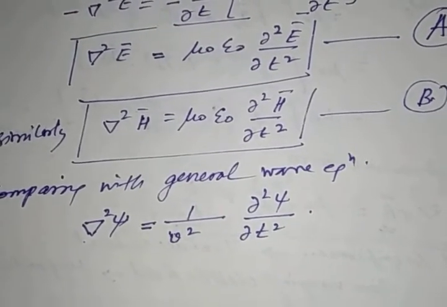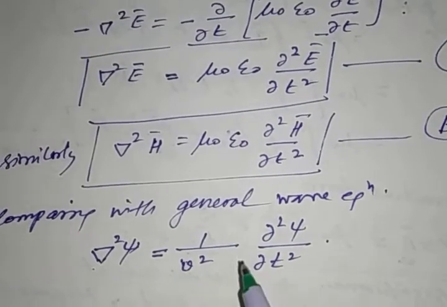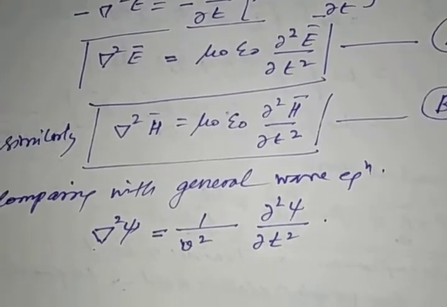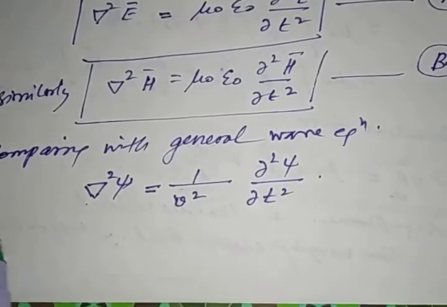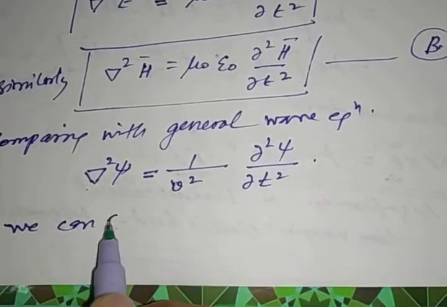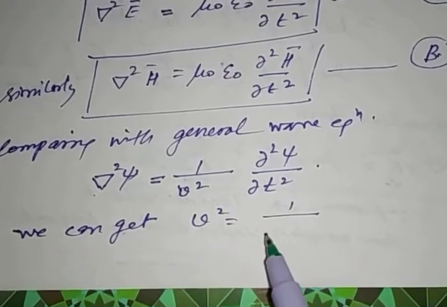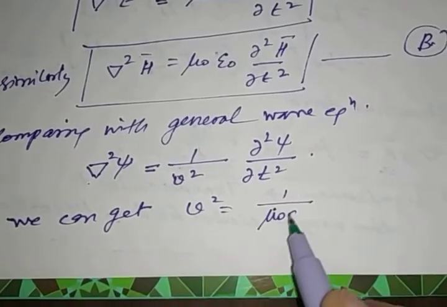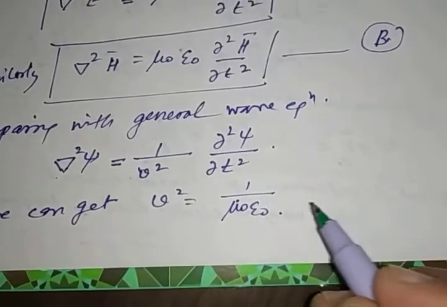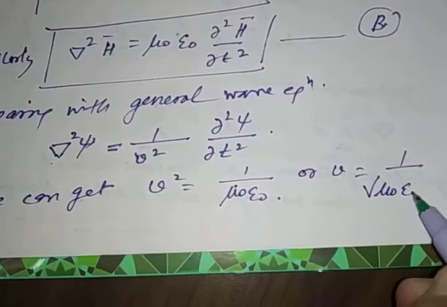This equation is justified. So if we compare this with either equation A or B, we can find that v square is actually 1 by mu naught epsilon naught, or v is equal to 1 by under root mu naught epsilon naught.